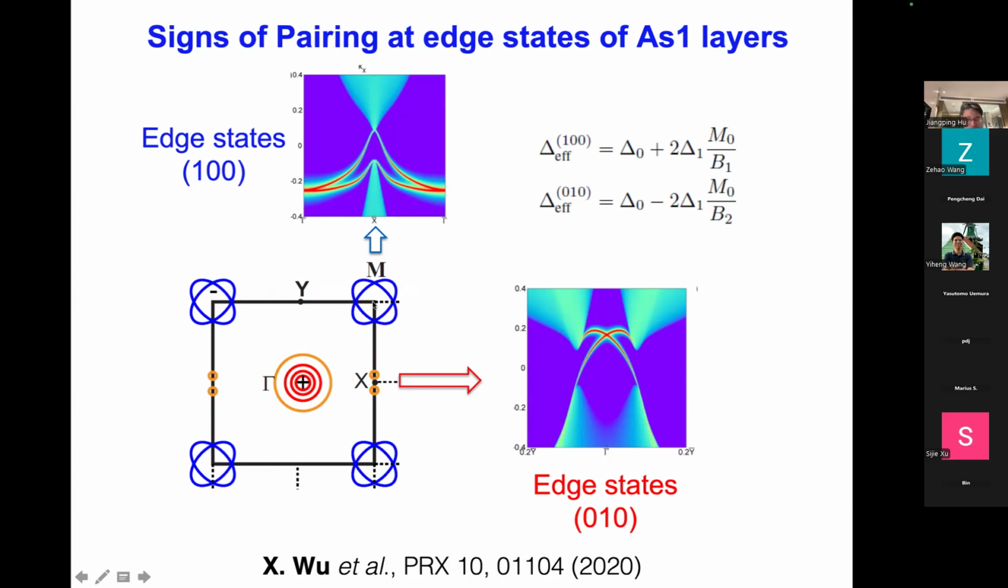Since the center and the corner have different signs, one edge will have a superconducting order and the other edge will have a different sign. That's the key observation for this edge state.